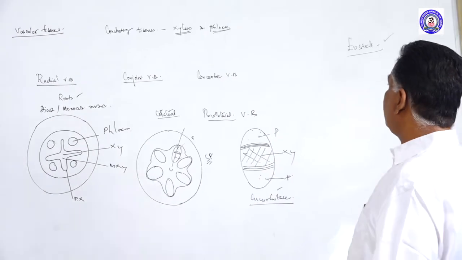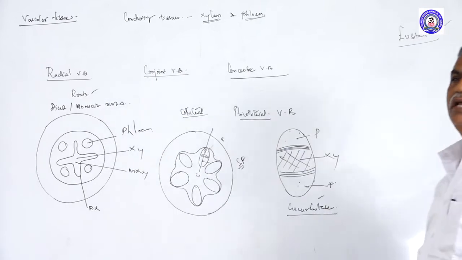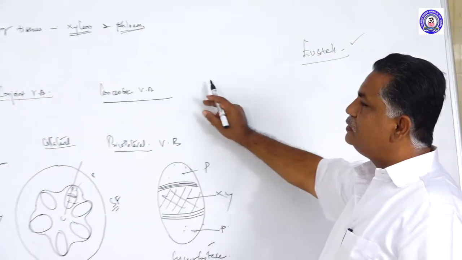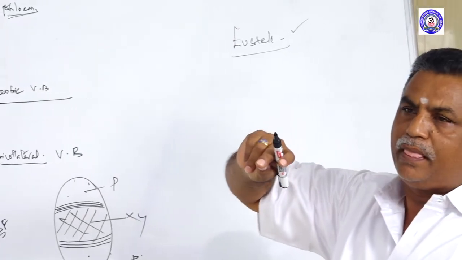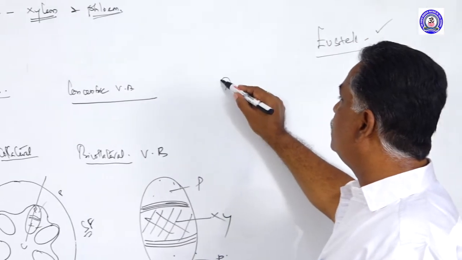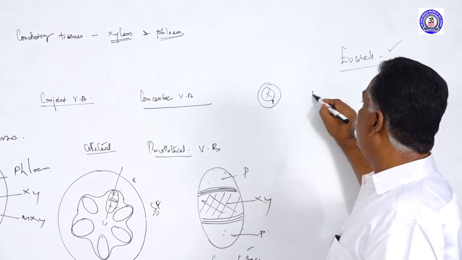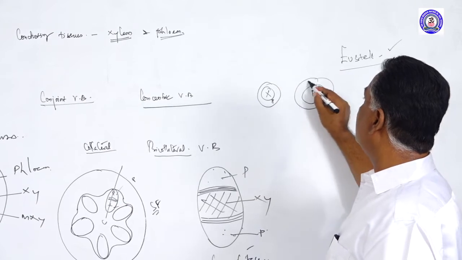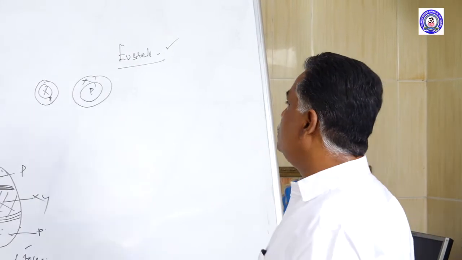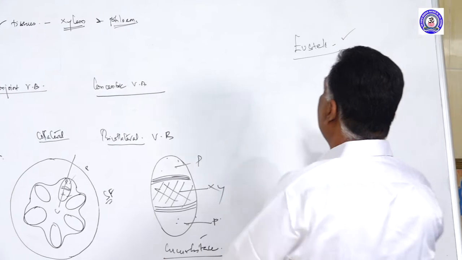And the next type is concentric vascular bundle. What is a concentric vascular bundle? A concentric vascular bundle is one where either xylem is surrounded by phloem or phloem is surrounded by xylem. This is called concentric, and as I said, there are two types.